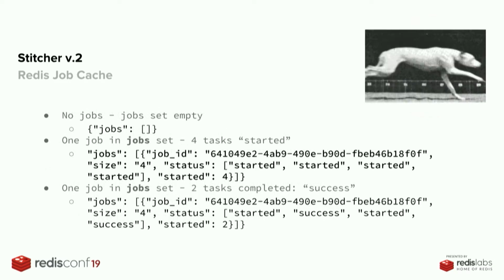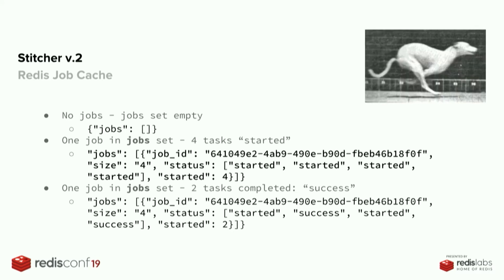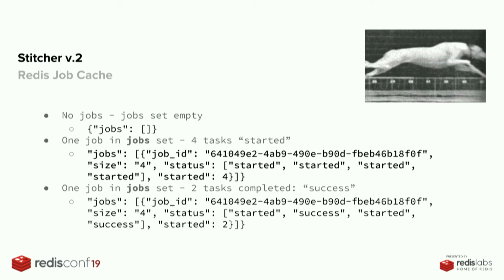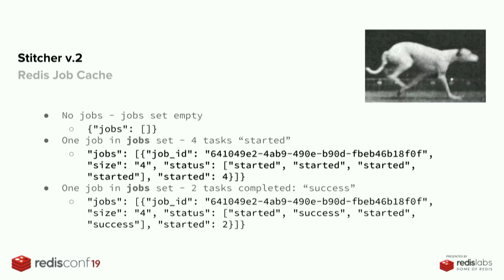And here's an example of what some of that looks like during a running job. That job's set, in this case, there's nothing running and it's empty. If there's a single job running in our environment, then that job list includes this single value that has the job ID, the overall size of the job, and then the status list, which shows the status.